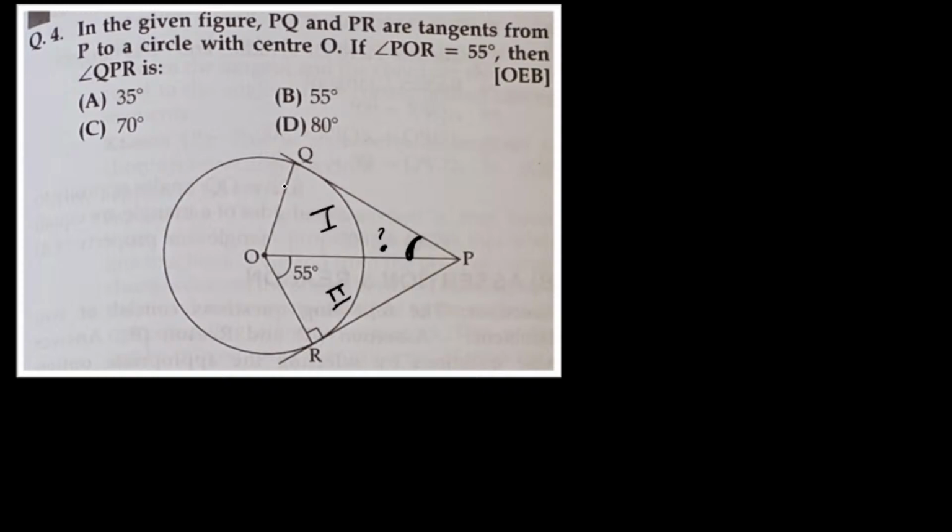You don't have to prove the congruency as of now because we are doing MCQ questions. So because of this, here I'll write triangle OQP is congruent to triangle ORP.